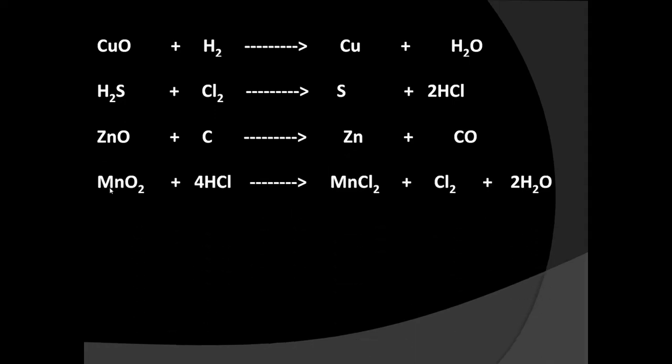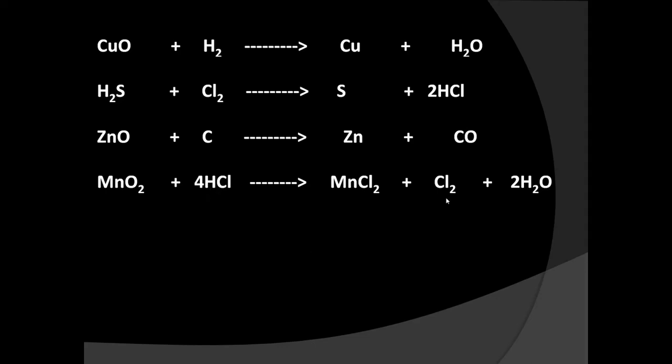Here one more example. Manganese dioxide plus hydrochloric acid gives rise to manganese chloride and chlorine and water. Here you can see manganese is associated with oxygen, but here it has lost its oxygen, so manganese has reduced, whereas chlorine, here you can see hydrogen chloride, so here chlorine has lost the hydrogen.